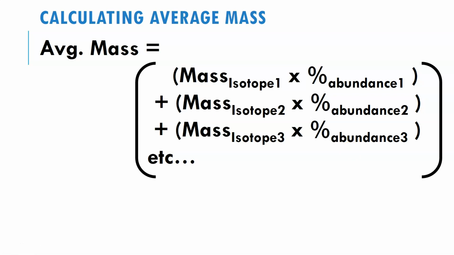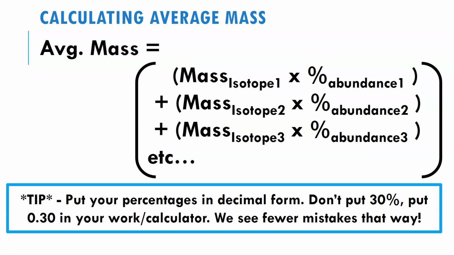This is just a small tip that I've gathered over doing this for the last however many years. I've noticed that if you put your percentage in decimal form for your calculator work, we get fewer mistakes that way. If you put in your percentage as an actual percent, like 30%, it's better to put in 0.30 because I just feel like people mess up more often.